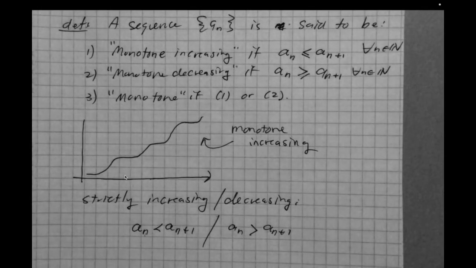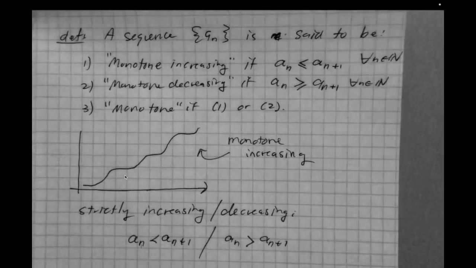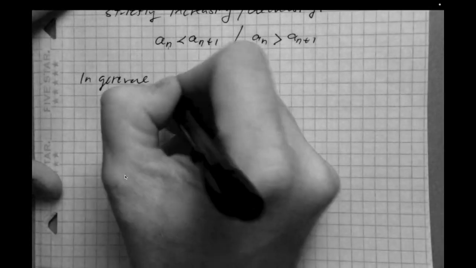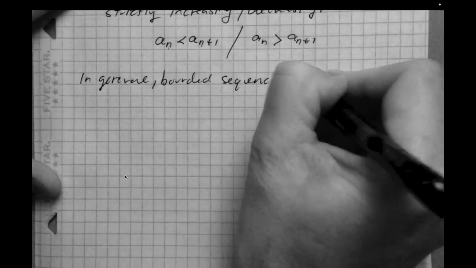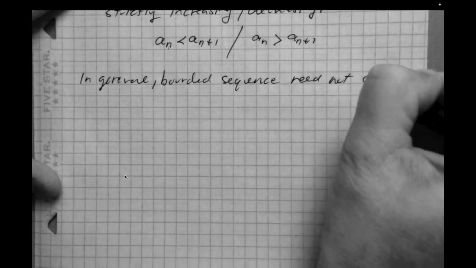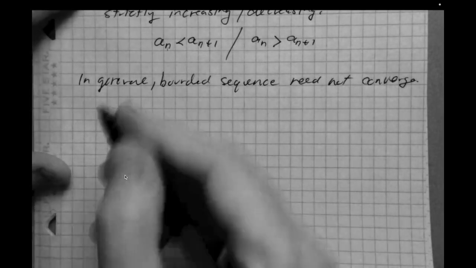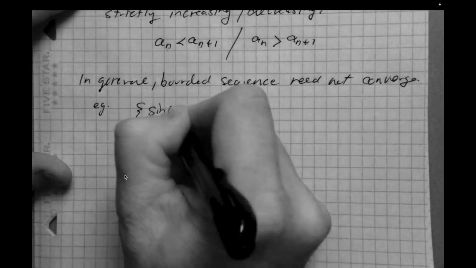Now, monotone sequences are really interesting in analysis, especially when you couple them with the idea of a bounded sequence. In general, bounded sequences need not converge. It's very easy to think of a bounded sequence that doesn't converge. For example, sine of n.